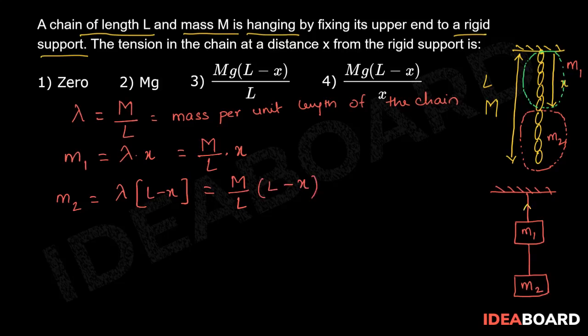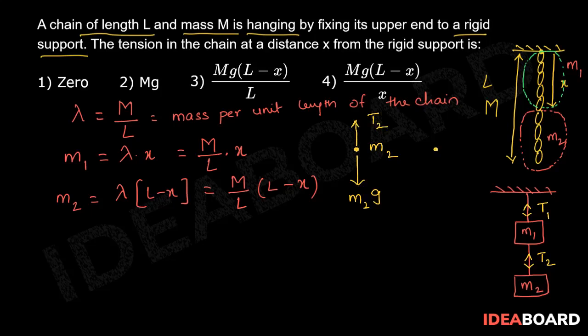Let T1 be the tension in the string which is in between the rigid support and mass m1, and T2 be the tension in the string between m1 and m2 masses. Now if we draw free body diagram on m2 mass, its weight m2G acts vertically downwards and T2 tension acts vertically upwards.